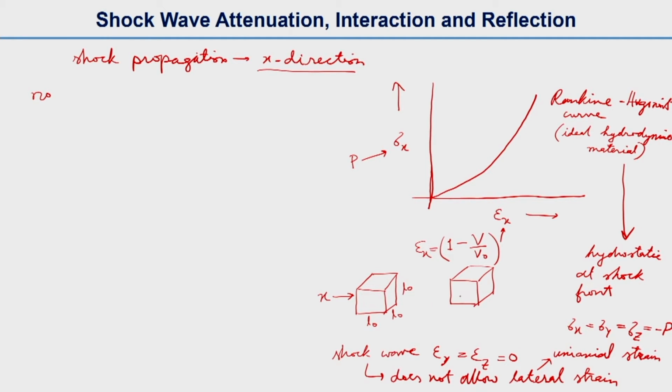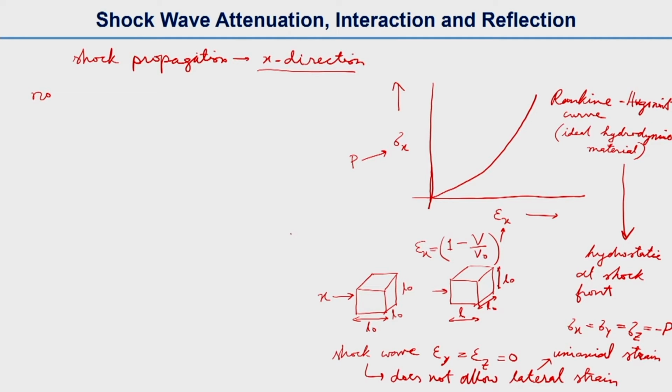Now, with the shock wave in this direction, this L naught will be compressed to L. In the other two directions there is no lateral strain, so L naught will remain the same.